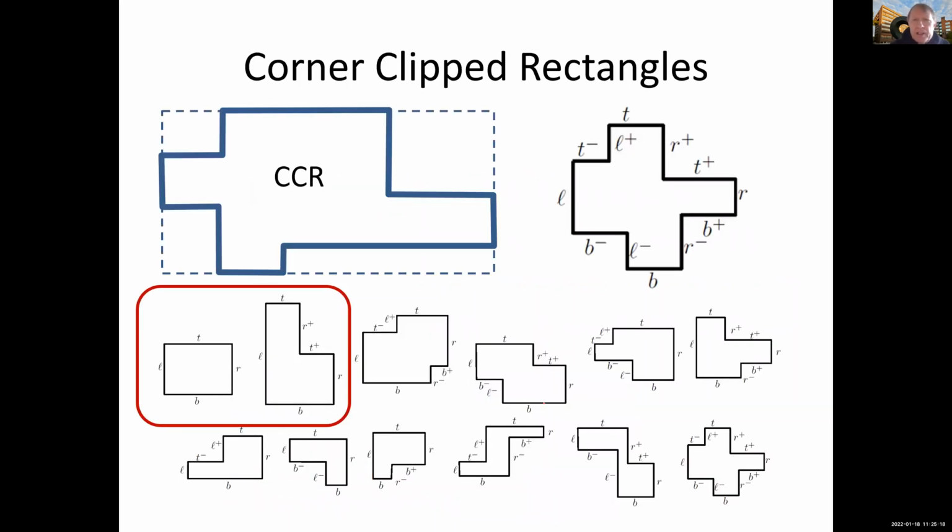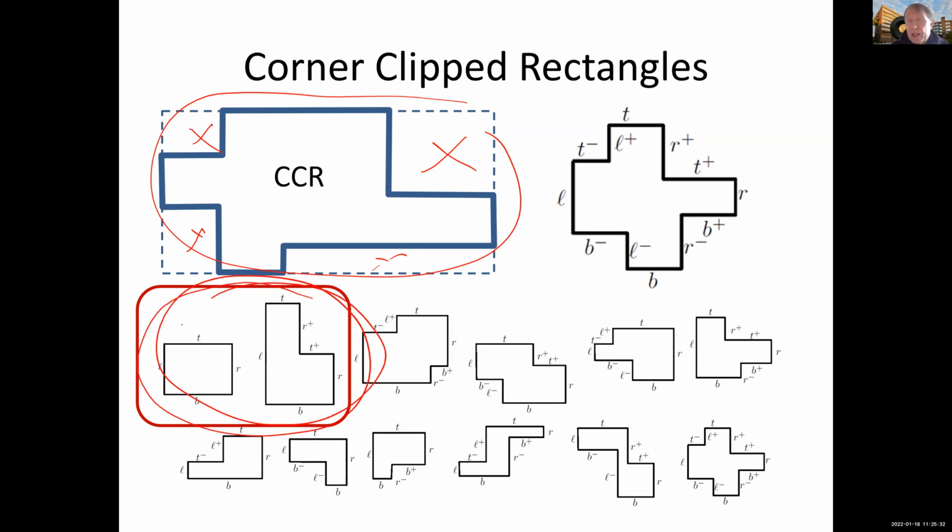Corner clipped rectangles are basically, you start with a rectangle and you clip out, you remove some or all of the corners. So there are many different corner clipped rectangles, but they're all of constant complexity. The ones that we'll need today are just these: rectangles and these L-shaped corner clipped rectangles, with one corner clipped.